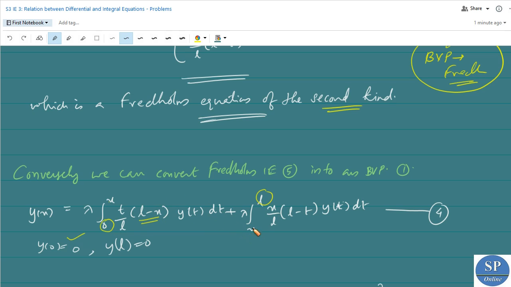On the second integral we have L to L, so it's also 0. So the boundary conditions are obtained from the given integral equation itself.